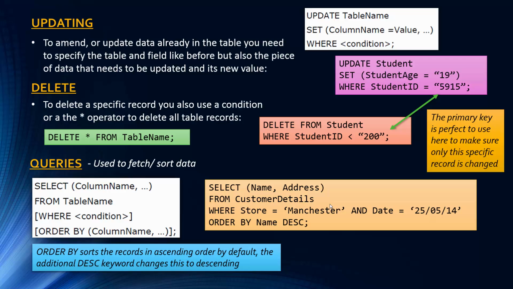I guess what I was thinking of with this example is maybe if they want to get some market research on some customers. Say that this is a shop that has a store in Manchester. They want to find out what people were doing, or I don't know, I haven't really thought it through, but they want to select people who maybe shopped in the Manchester store and on this day.